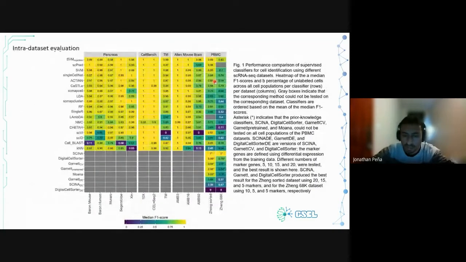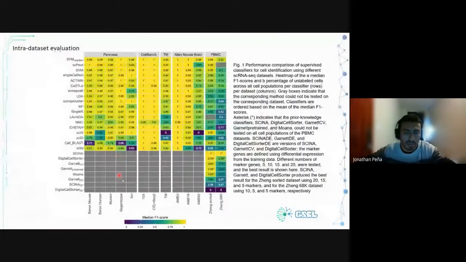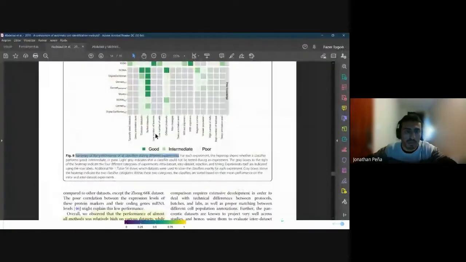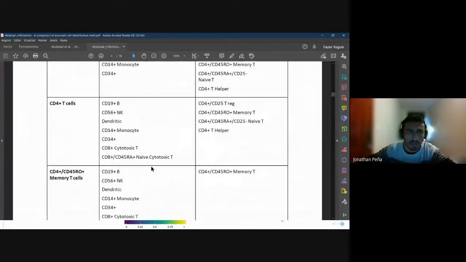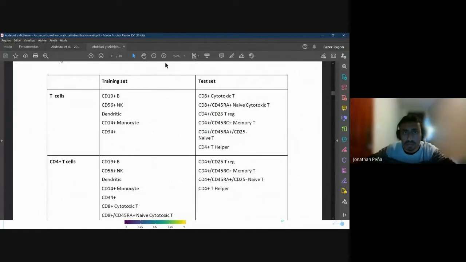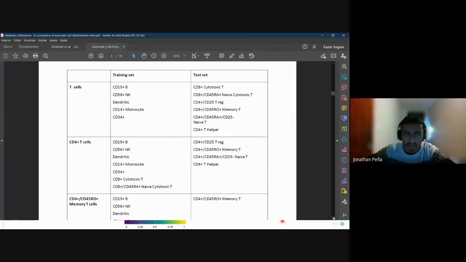Então, por exemplo, este dataset daqui foi anotado dessa maneira. Eu teria que mostrar o artigo, melhor, vou mostrar o artigo aqui, especificamente os tipos que eles utilizaram. Então, este daqui é PBMC.